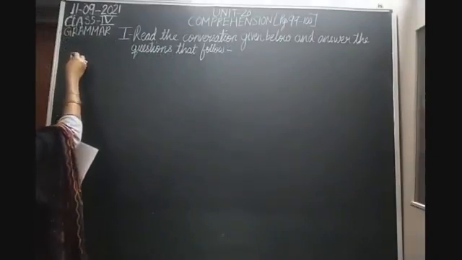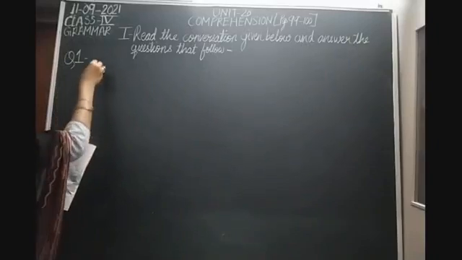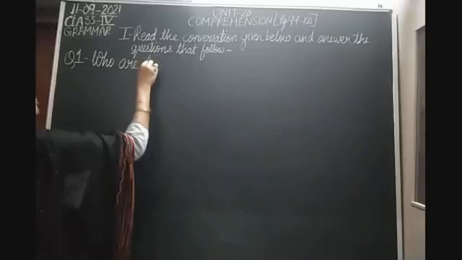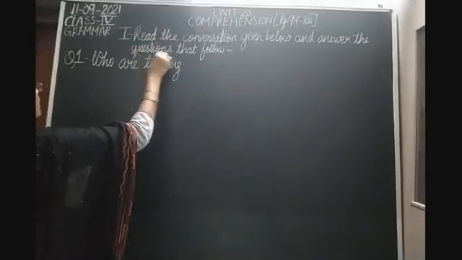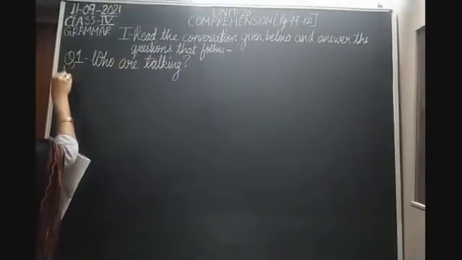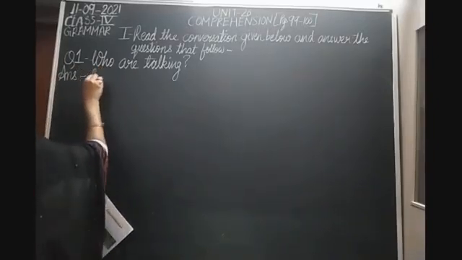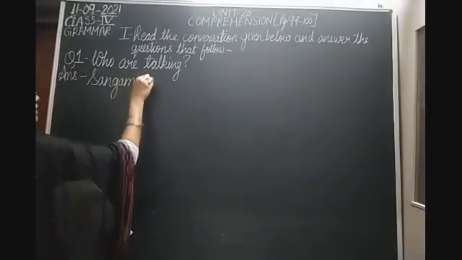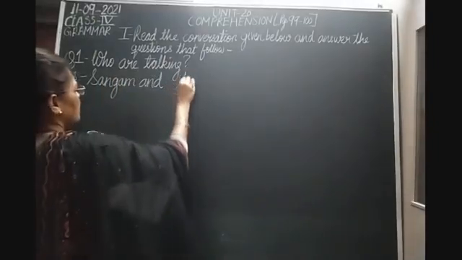So our first question is question number 1. Who are talking? So the answer is संगम. सब कुछ उसी में मिलेगा बेटा, कुछ भी अपने आप नहीं करना. संगम and आरती are talking.